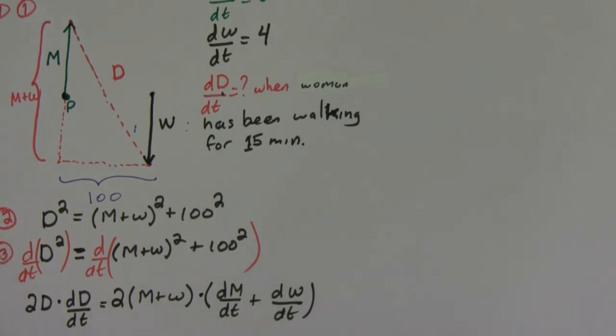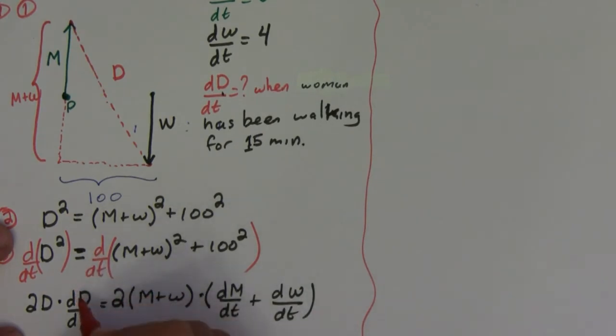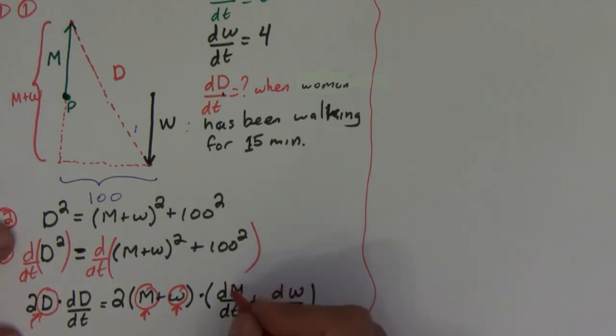Okay, so then I take a look here and I ask myself, do I have all of these pieces of information? Well, d I don't have, but I should be able to find it. m I also don't have, but I can find it. w I don't have, but I can find it.